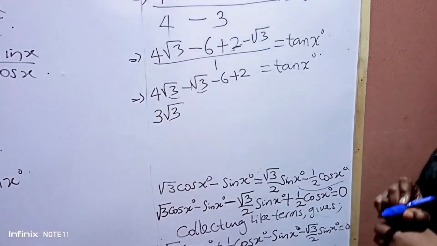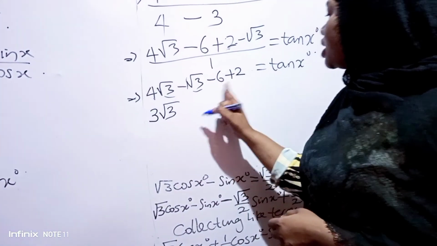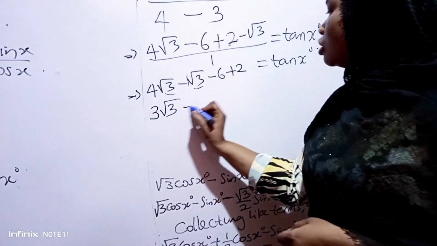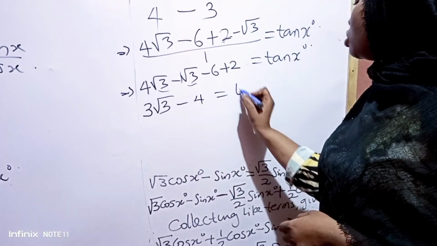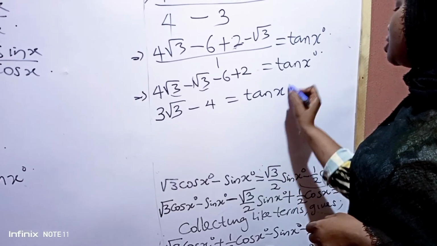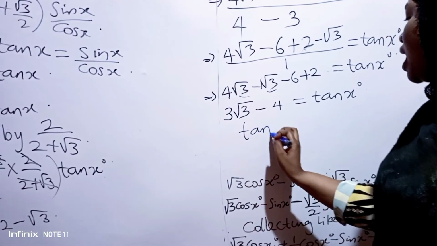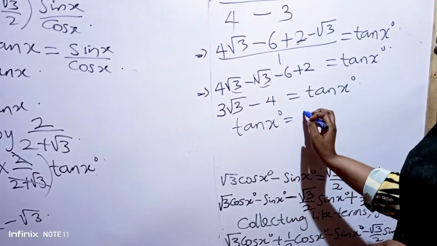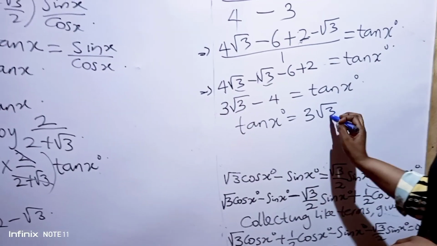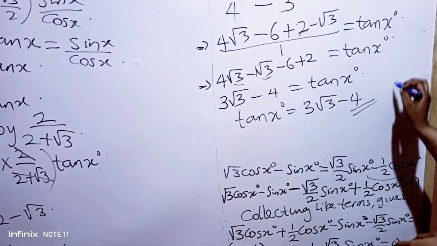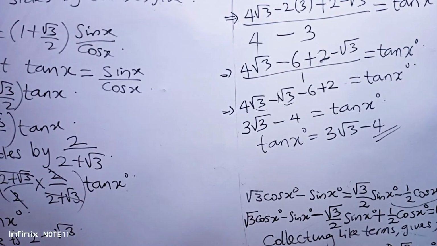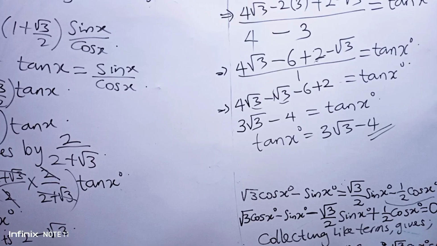Then minus 6 plus 2 gives me minus 4. So it is equal to tan x degrees. So if you look at it, you can see that we have gotten what they asked us to prove, which is 3√3 minus 4. So that is how to do that. Go through it. If you have any challenge, let me know.